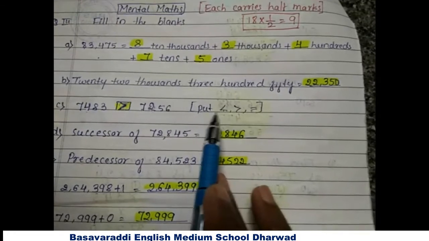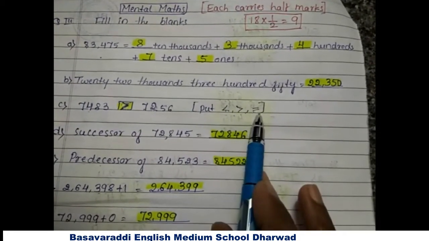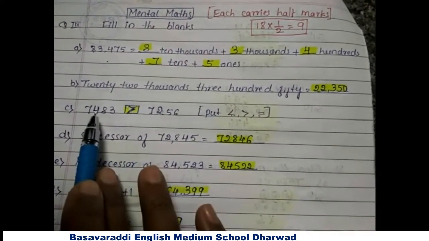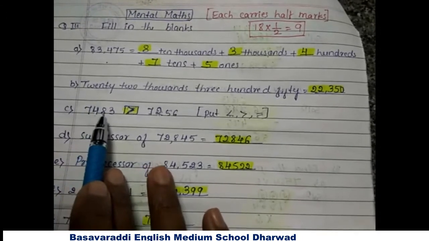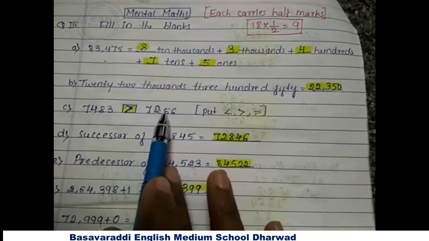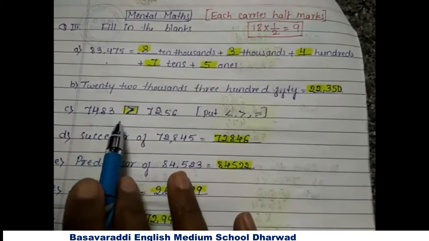Insert in the box less than, greater than or equal. Compare these two numbers. 7,483 is greater than 7,256. So we insert this symbol here.